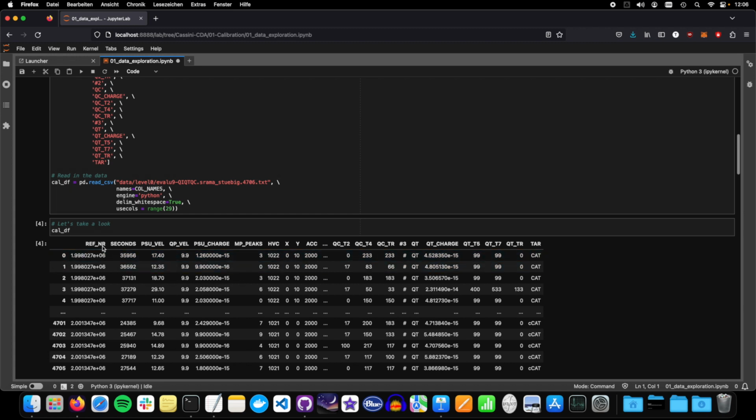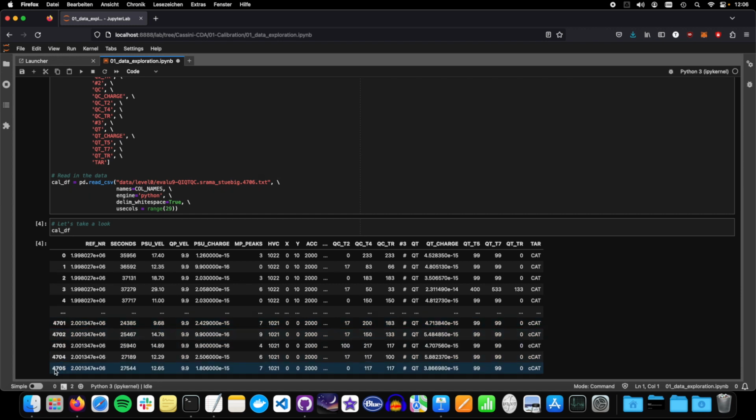So we have here some reference numbers and some values. They do not matter for now, but what we see here is the so-called particle selection unit. So the part in this pipe, let's say, that selects our particles and also measures their velocity. And we see here the values are provided in kilometers per second. So we see, for example, 17.4 kilometers per second, 11, 9.68, and so on.